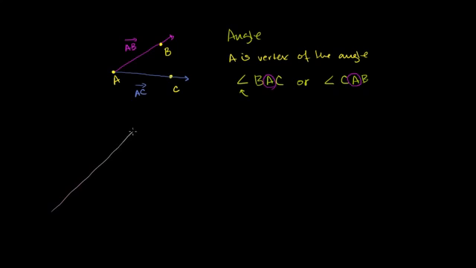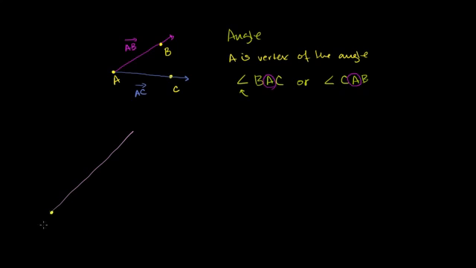And although the geometric definition of an angle involves two rays that have the same vertex, in practice, you're going to see many angles that are made up of lines and line segments. And you could imagine that you could continue those line segments on in one direction, and then they would become rays. So in that way, they're consistent with this definition. But let's say I have one line segment that looks like that. Let me label some points here.